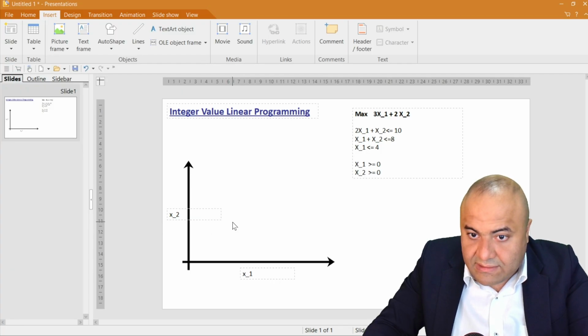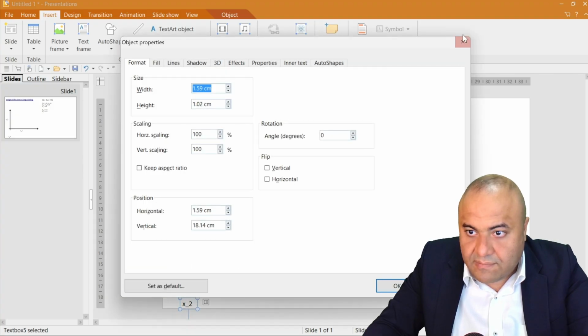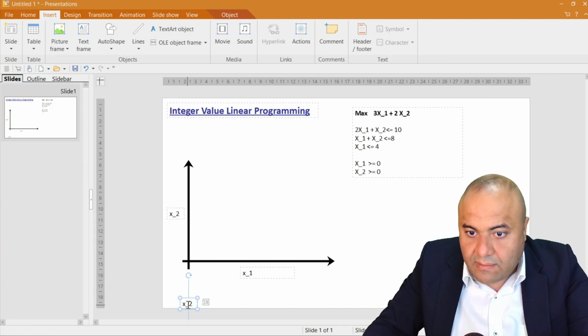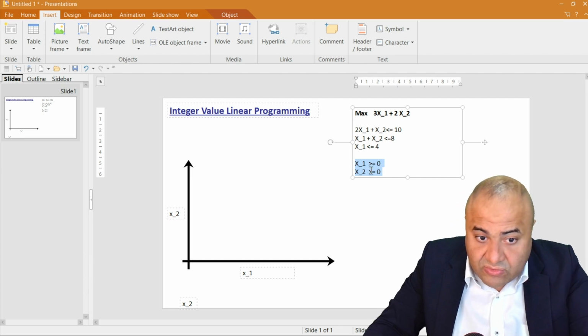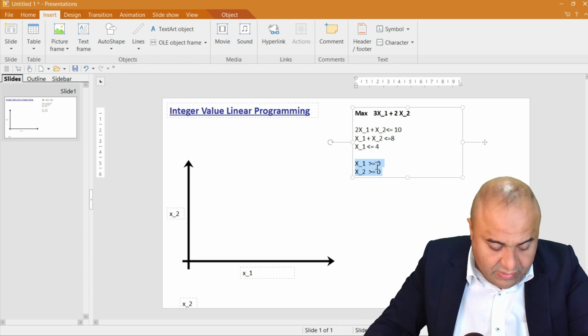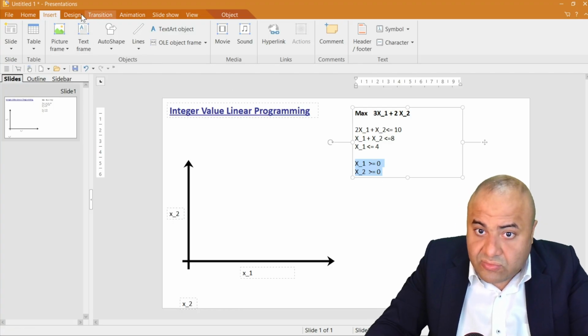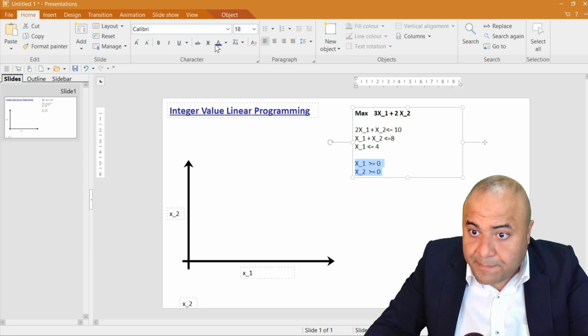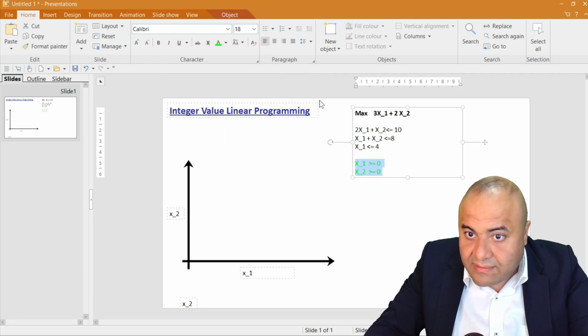So this line is x1, this line is x2, and what we want to do is, first we have these two. X1 is more than 0, x2 is also more than 0, and these two have been satisfied. So we can mark them in, let's say, green, or just blue.